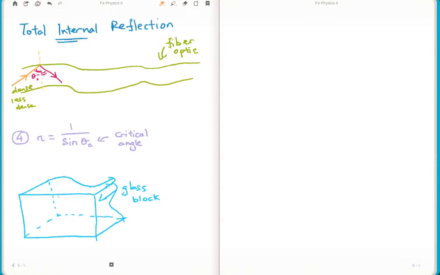If I were to have a ray not from outside, but from within the glass itself, travelling from within and hitting this surface, what happens is, if you still remember, we have this normal line.